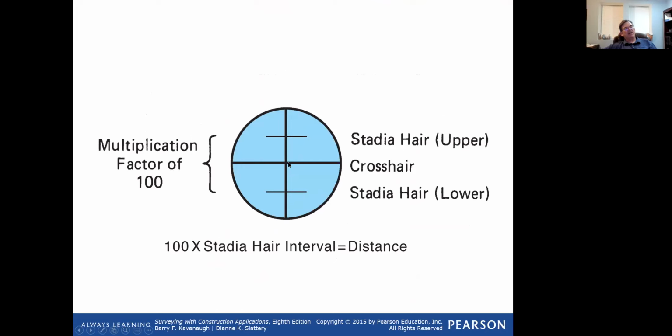So if you were to look at this and see 1.5, you're reading 1.5 feet on that stadia rod, you look down here, and this one says 1.0, and this one up here says 2.0, you know that the person holding that stadia rod is 1 foot times 100 feet away from you.